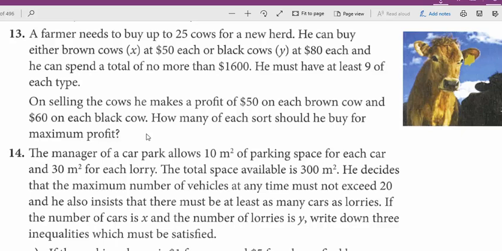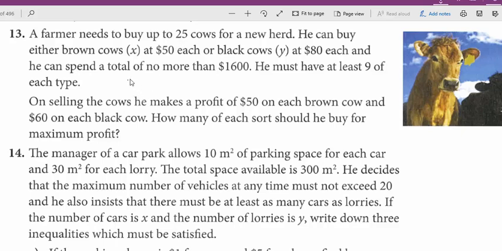This question doesn't mention the number of inequalities that we need, but let's break down the steps and make inequalities as much as we can. So here we can make 4 inequalities. The first inequality, the easiest one: brown cows are x, black cows are y, so x plus y should be less than or equal to 25, because the farmer wants to buy up to 25, not 25 or more.